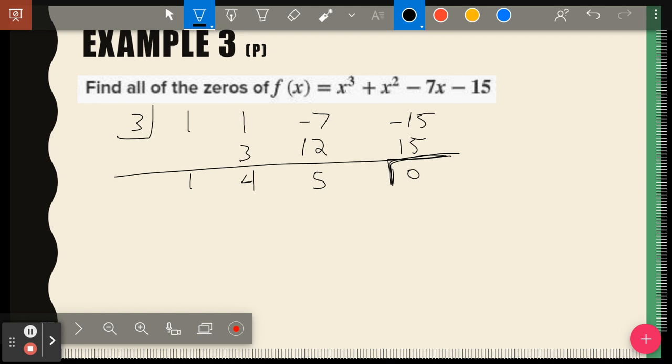And so this leaves me with x squared plus 4x plus 5, which, if that factored, I would have seen solutions in the graph. So I know it doesn't factor.